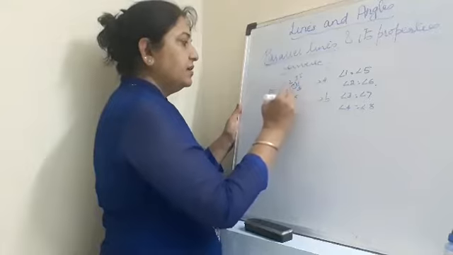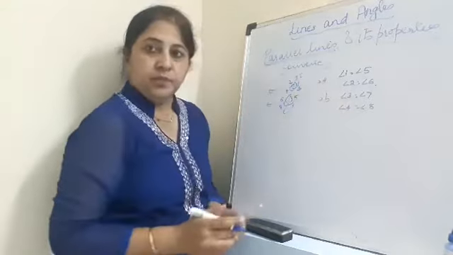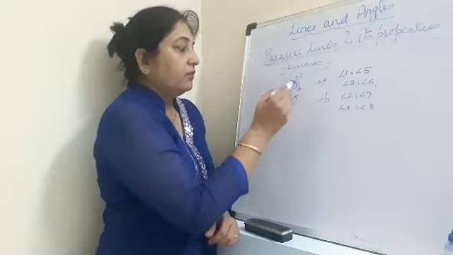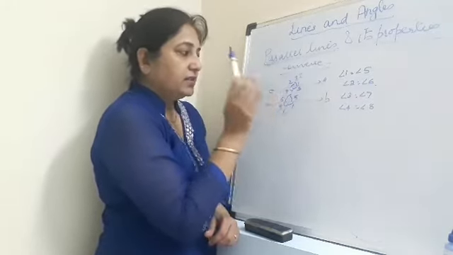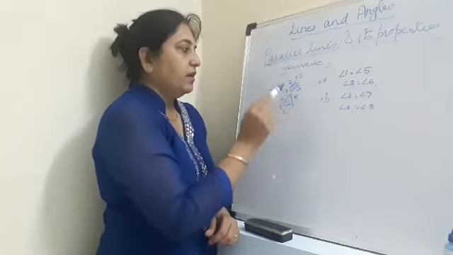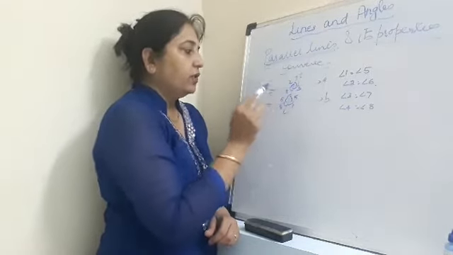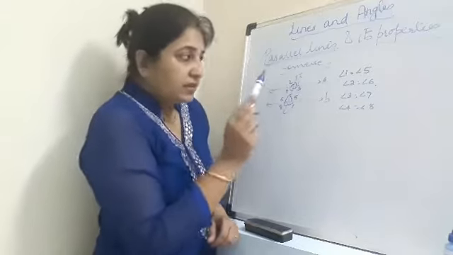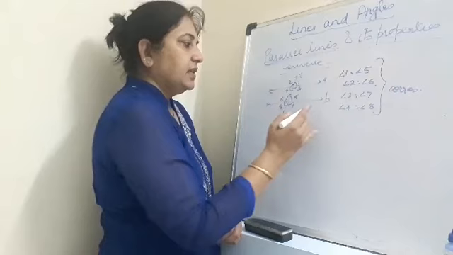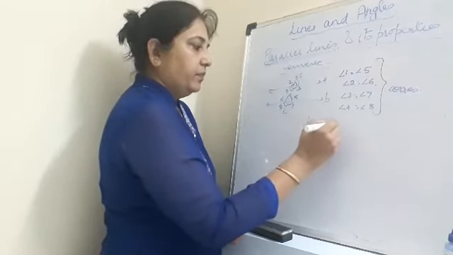Now if these angles are given that they are equal, now you know that these are corresponding angles, right? If one is given, if 1 is equal to 5, this is given in the question. If 1 is equal to 5, 3 is equal to 7, 2 is equal to 6, 4 is equal to 8. If it is given that the corresponding angles are equal, then we will say the lines are parallel.